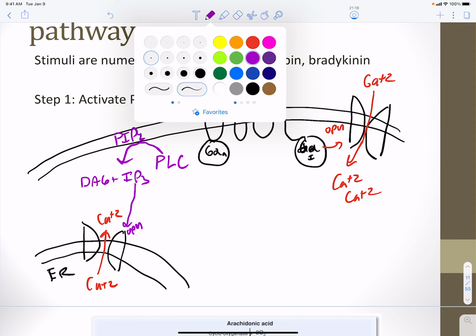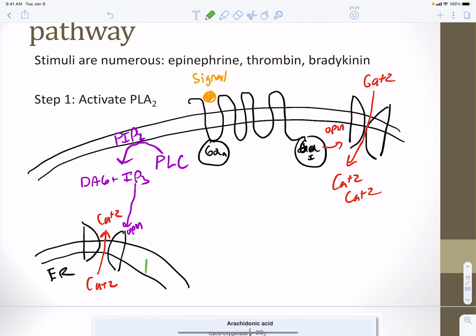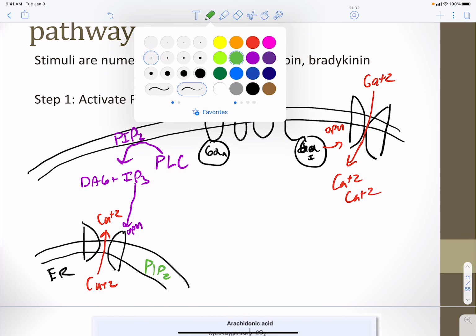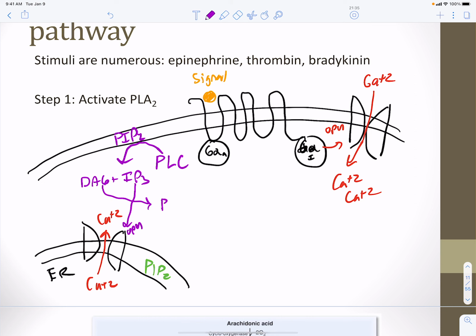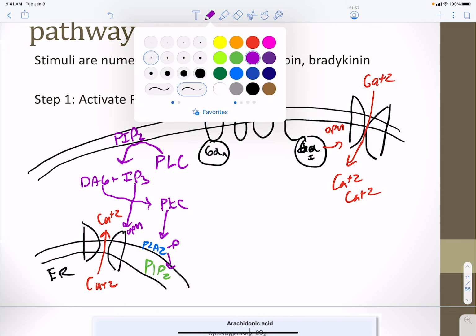So in the membrane of your ER, you can have your phospholipases, and so you're going to have your protein kinase C, and protein kinase C can phosphorylate your phospholipase A2. And this will activate this, and it will release arachidonic acid.